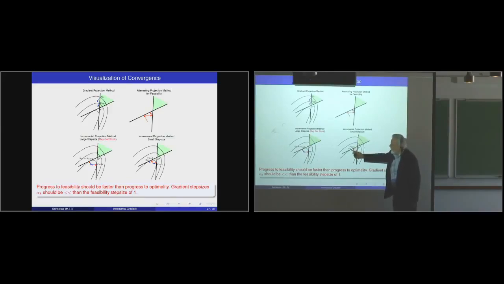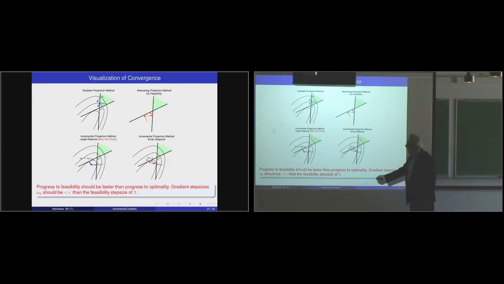Then you end up here, you started here, you end up closer. And then with smaller and smaller gradient steps, a diminishing step size for the gradient steps, you manage to get this red method, the projection method, faster. And the blue method sees essentially the problem as being a feasible point, because the other method converges much faster.